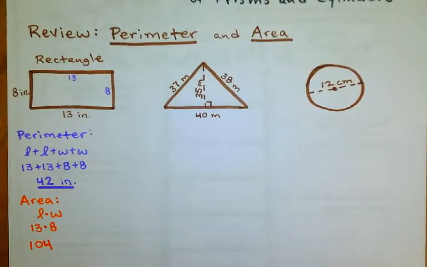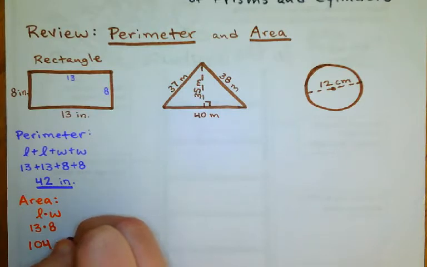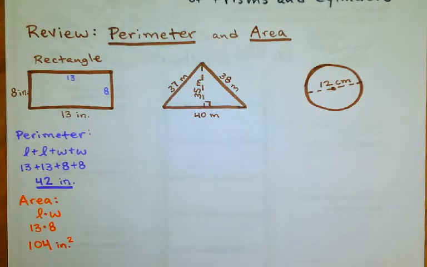And to label this, we would say inches squared, because we took 13 inches times 8 inches. Inches times inches is inches squared, just like how x times x is x squared. Alright, so there's our review of rectangle, perimeter, and area.